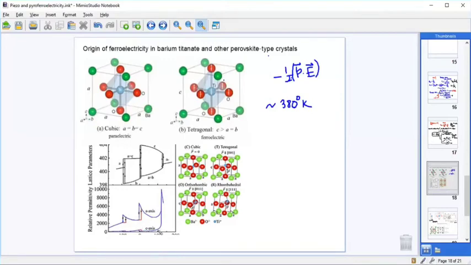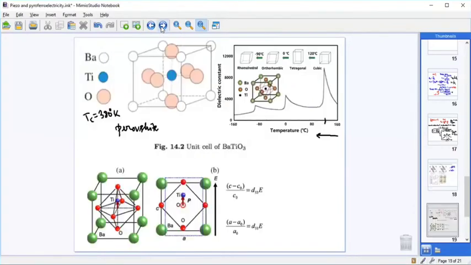The dielectric constant is usually very much larger when measured perpendicular to the c-axis than when measured parallel to it. Basically, this is the basic perovskite structure of barium titanate, the unit cell of barium titanate.